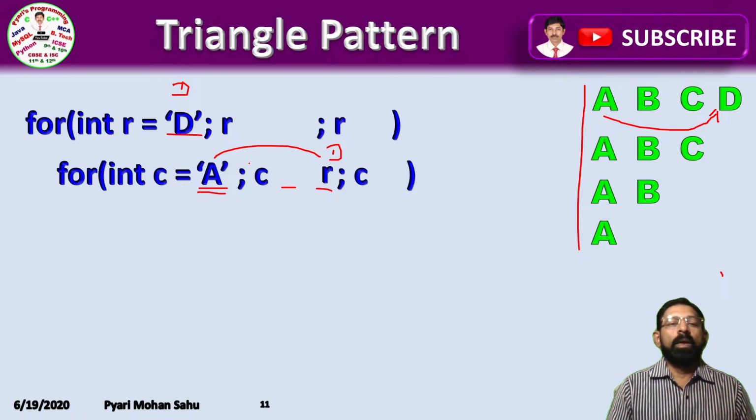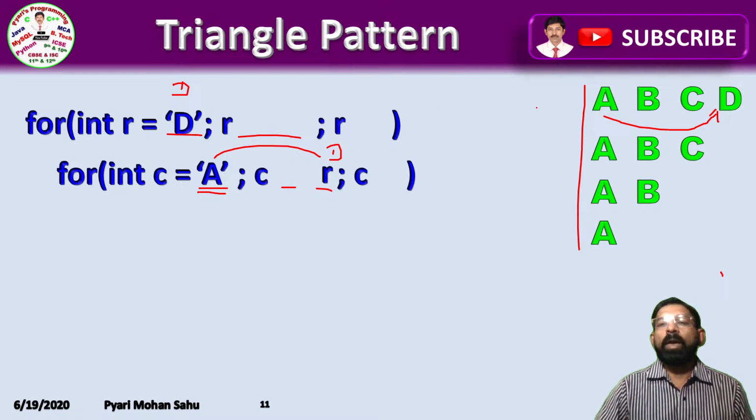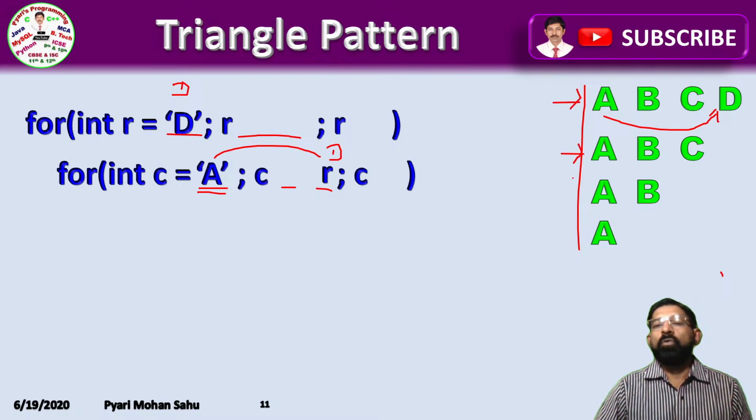Okay. Next, D to how much? 1 time, 2 time, 3 time, and 4 time.